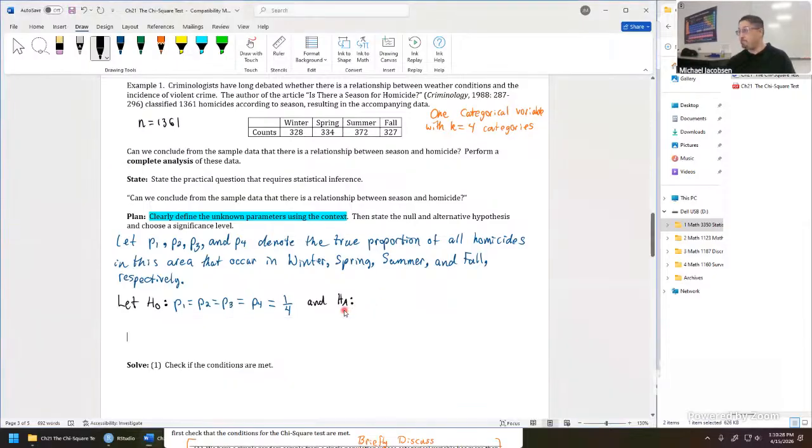So carrying down paper, we could say PI is not equal to 1/4. So this value we see here is PI naught in the statement of the formulas, all of them set equal to 1/4. PI is not equal to 1/4.